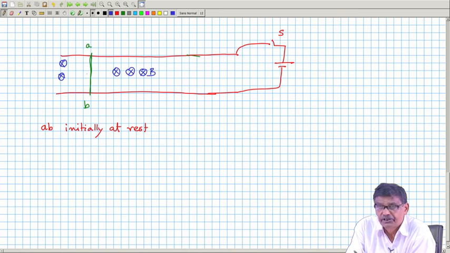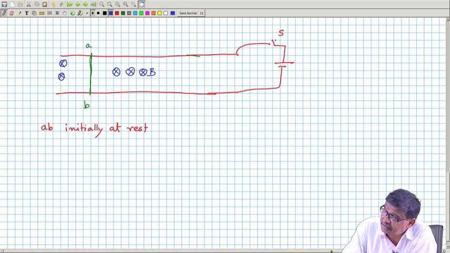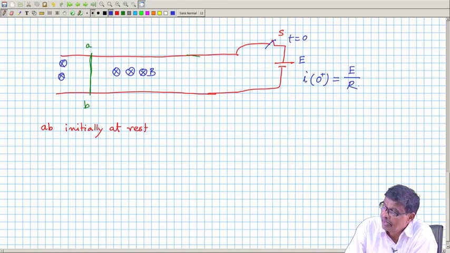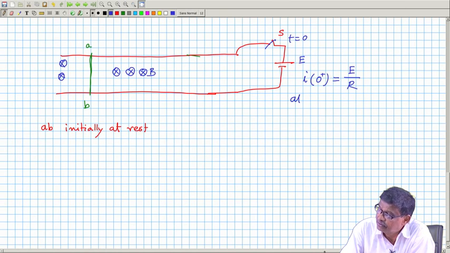the conductor was stationary, and its velocity cannot change instantaneously, at least at t equal to 0 when you close it. I am pretty sure that I at 0 plus will be equal to the battery voltage, suppose E by R, because at t equal to 0 plus V is still 0.